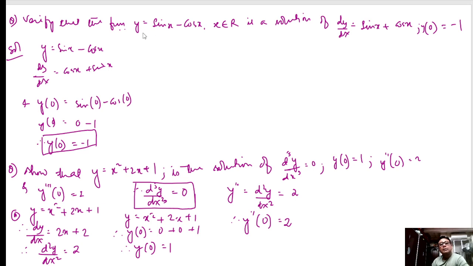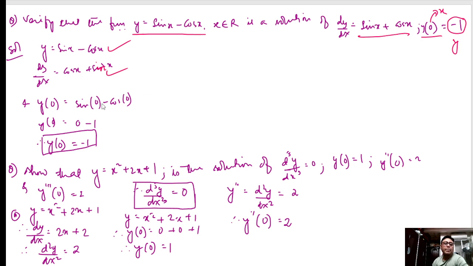Next, this is the equation, and I have to find the differential equation. So first let us do the dy by dx of this, which gives this. So this we got. Now y(0) means in place of x put 0 and in place of y put minus 1.